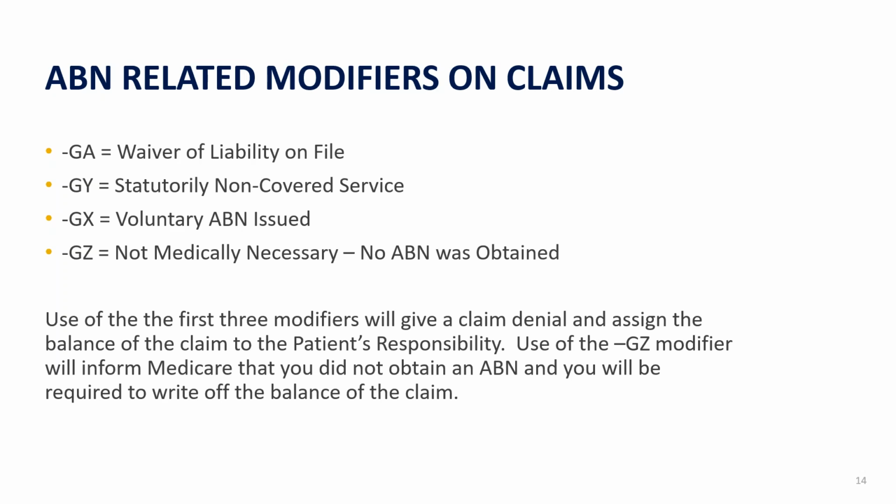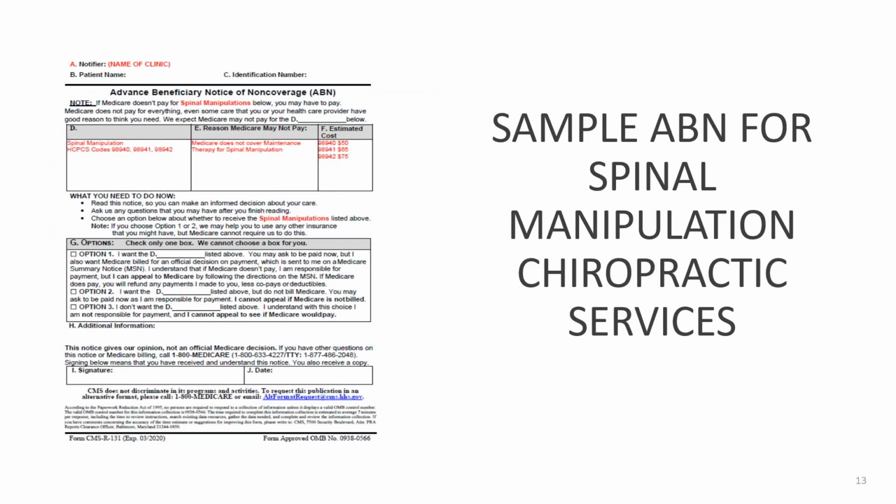So if you use the first 3 modifiers, and we go back to the ABN form itself, you look under the 3 options. Option 1, basically the patient is stating that they want the services and they want Medicare to be billed for a determination of coverage. Option 2 says they want the services but do not bill Medicare, and they have no appeal rights.